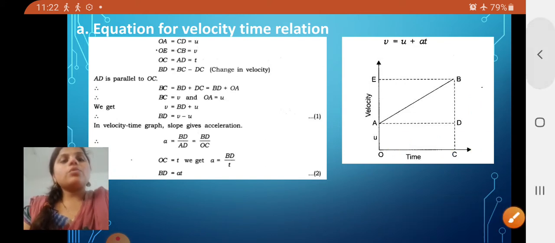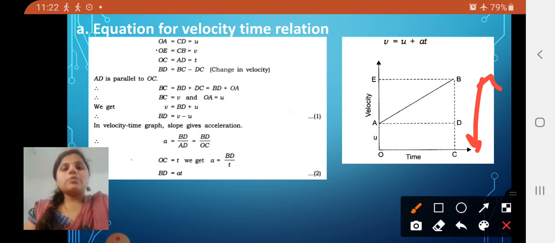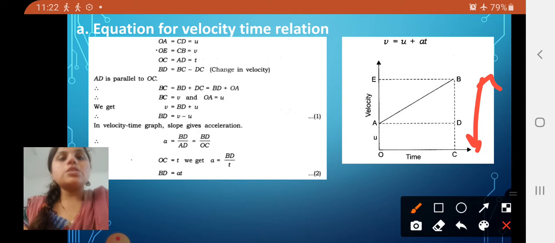Now what is BC here? BC is equal to V, because it is the final velocity. Now what is OA?